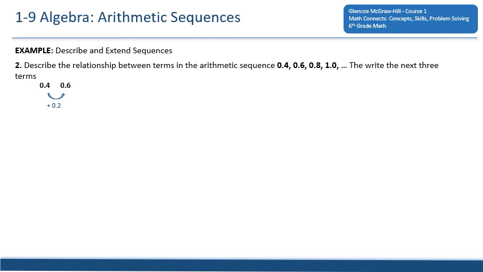We know that the pattern is we're going to add 2, but in this case there is a decimal, so we're going to add 0.2. So 0.6 plus 0.2 is 0.8, plus 0.2 is 1.0, plus 0.2 is 1.2, plus 0.2 is 1.4, plus 0.2 is 1.6.